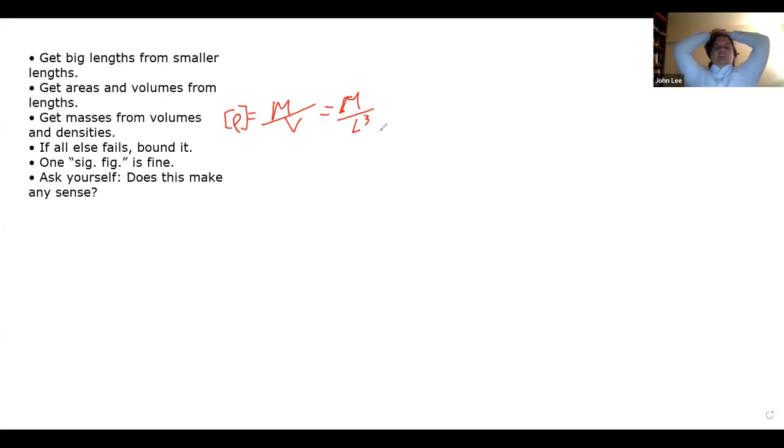So bounding it means that you find a boundary condition.